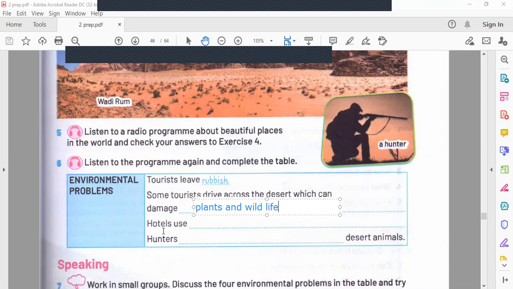Okay. Hotels use lots of water. Excellent. Hunters, they kill what? Yes, kill desert animals. Kill the desert animals. Okay.